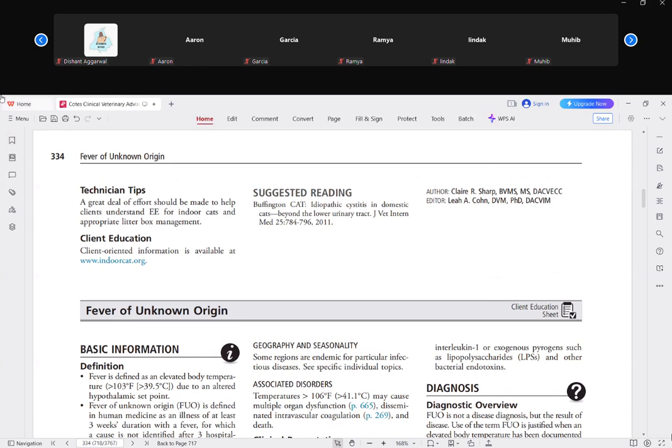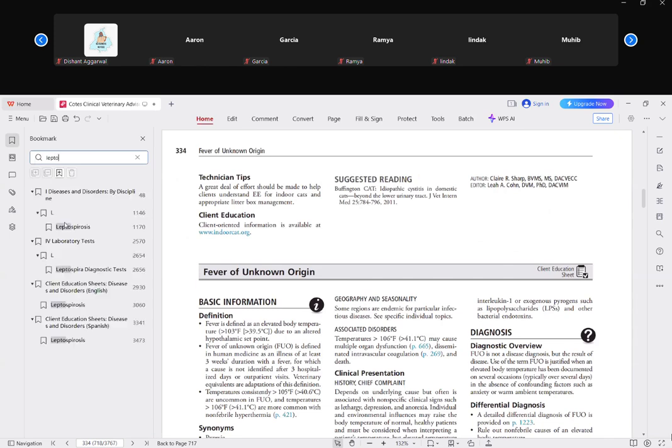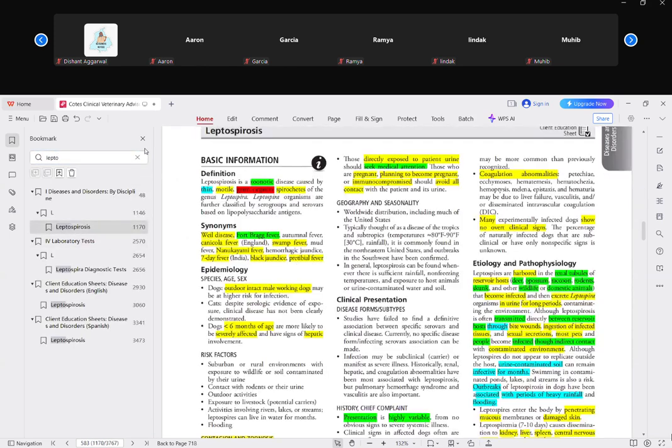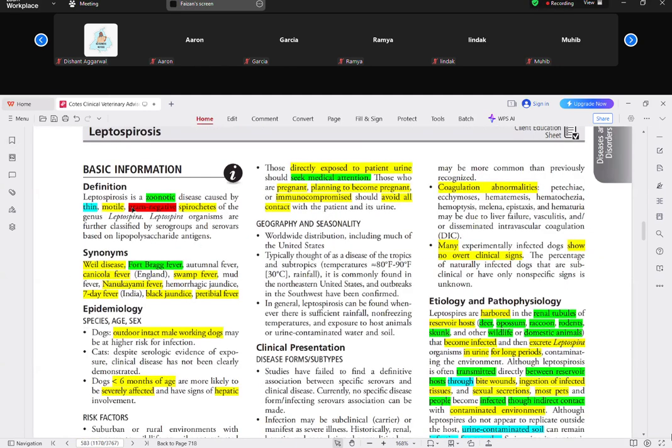Coming toward leptospirosis. We know this is a zoonotic as well as contagious disease due to the gram-negative spirochetes of Leptospira.